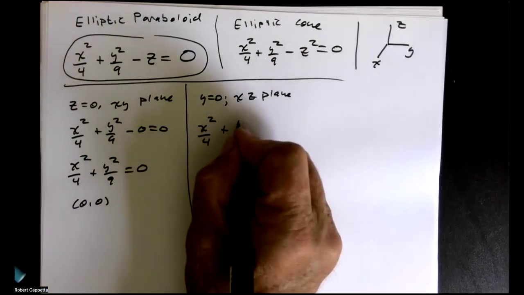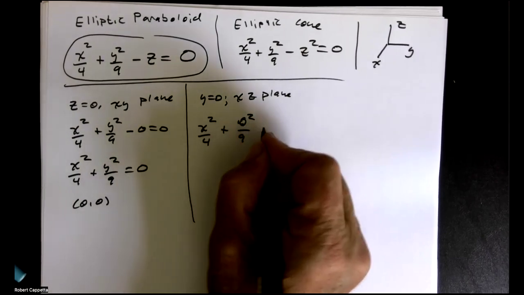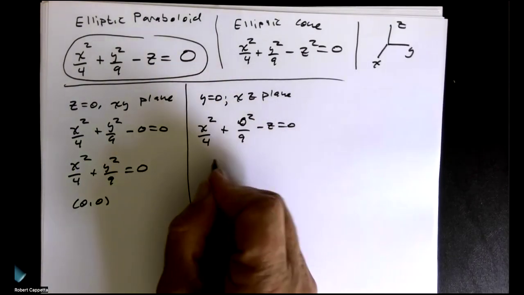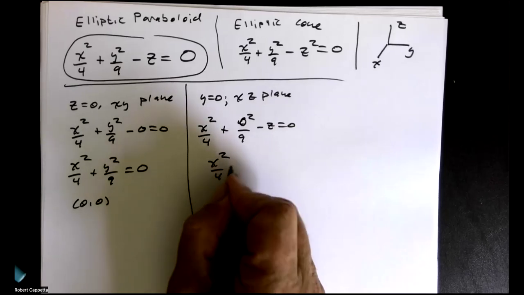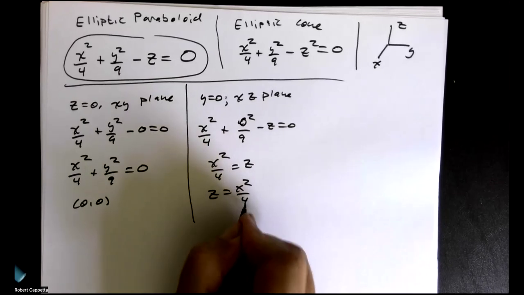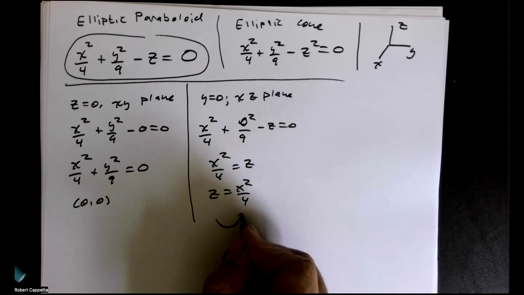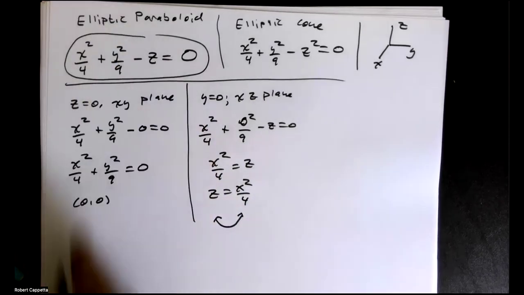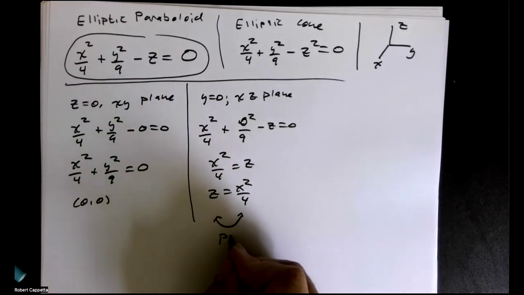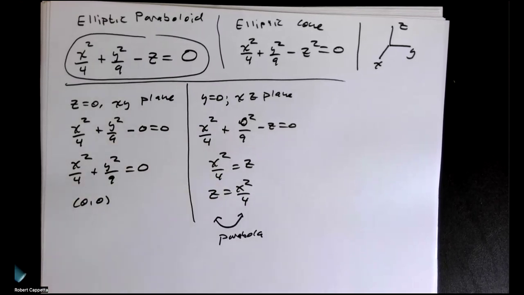X squared over 4 plus 0 squared over 9 minus z equals 0. So x squared over 4 equals z, or z equals x squared over 4. We recognize this as a parabola. Notice it's called a paraboloid, so that shouldn't surprise us too much. Looking at it from the left or right, we should see the picture of a parabola.